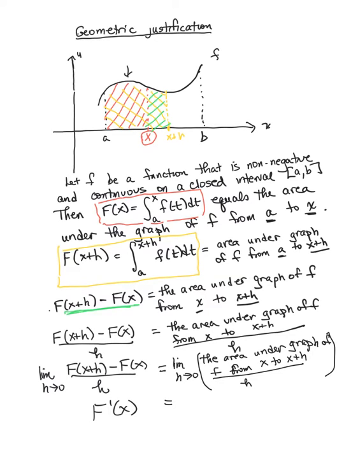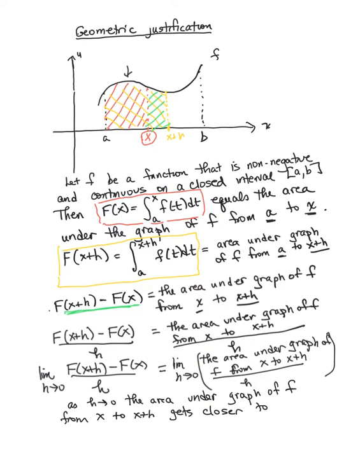Let's do it this way. Okay, I'm going to erase this. And let's say that as h approaches 0, the area under the graph of f from x to x plus h gets closer and closer to the area of a rectangle with the width of h, because note that this here is h up here, if we look at this region here, and a height of f of x.